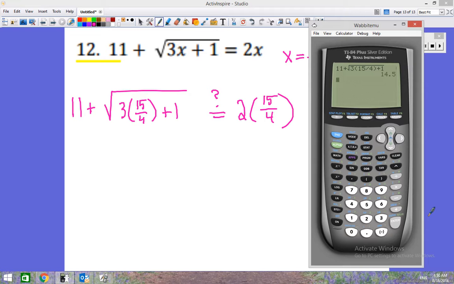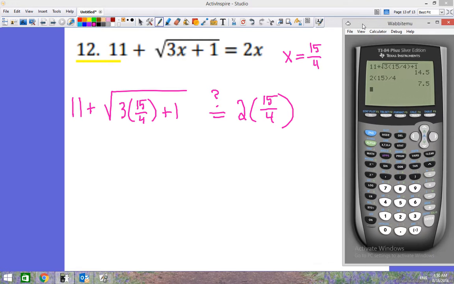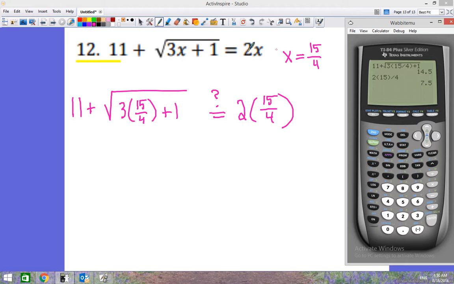The left hand side, I'm getting 14.5, and on the right hand side I should get 7.5, right? Yeah, so that's not checking.